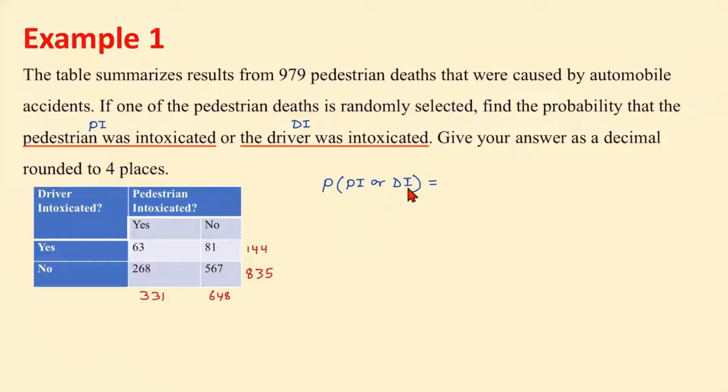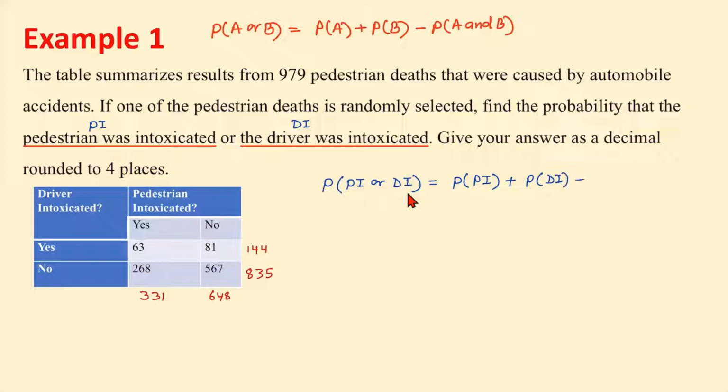If we have the probability of A or B, if you remember the formula, probability of A or B is probability of A plus probability of B minus probability of A and B. Same thing here: it will be the probability that the pedestrian was intoxicated, plus the probability that the driver was intoxicated, minus the probability that both of them were intoxicated.